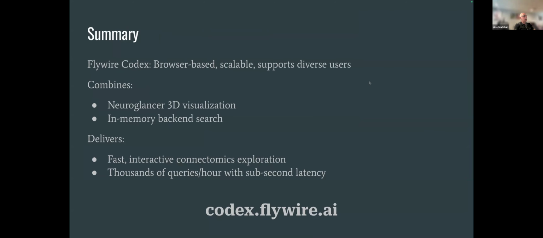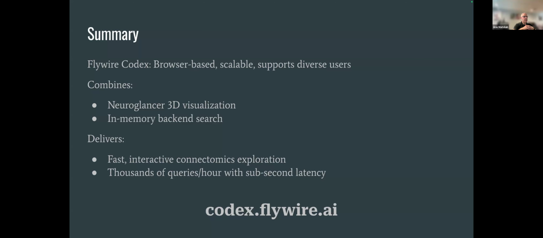And in summary, the Codex is a browser-based tool that utilizes Neuroglancer in many different applications. It is backed by in-memory search and exploration of the data set, which allows us to scale it quickly up and down based on demand.